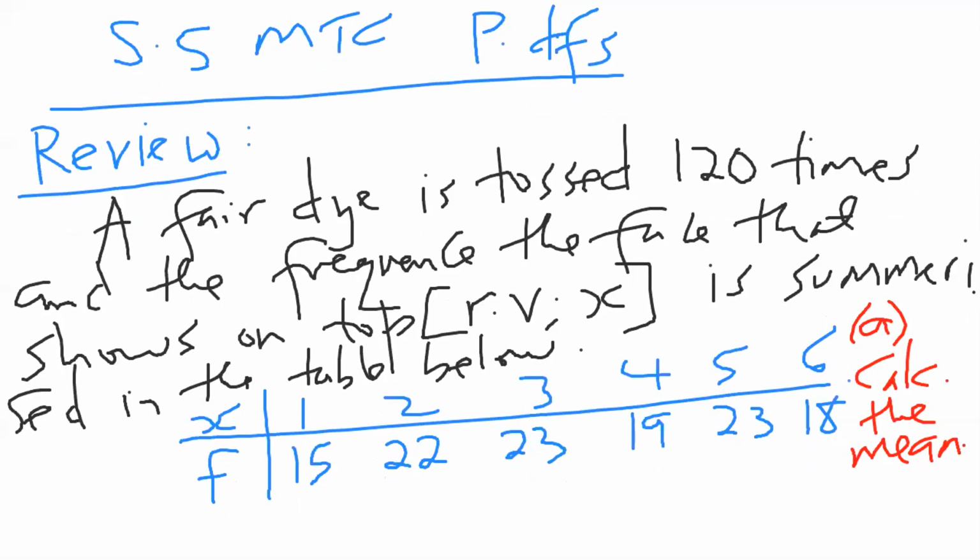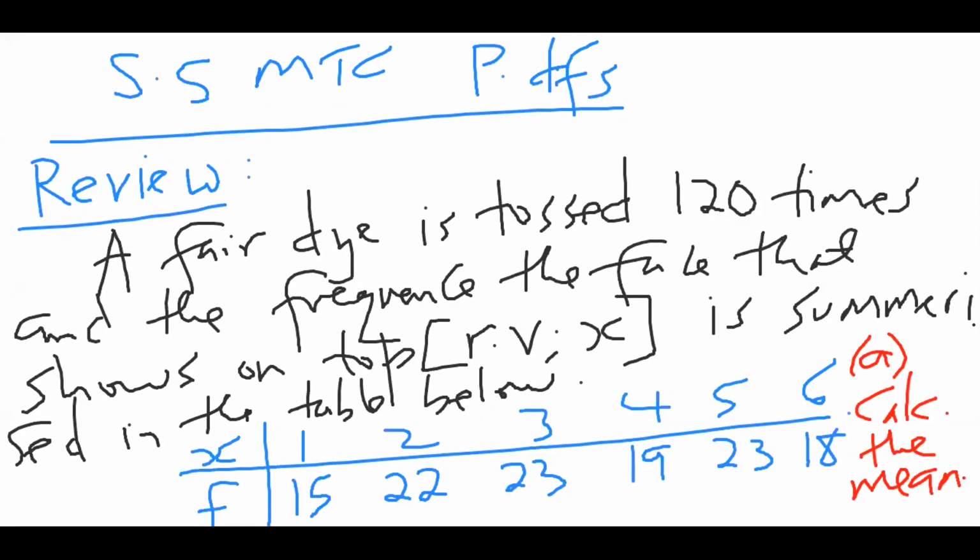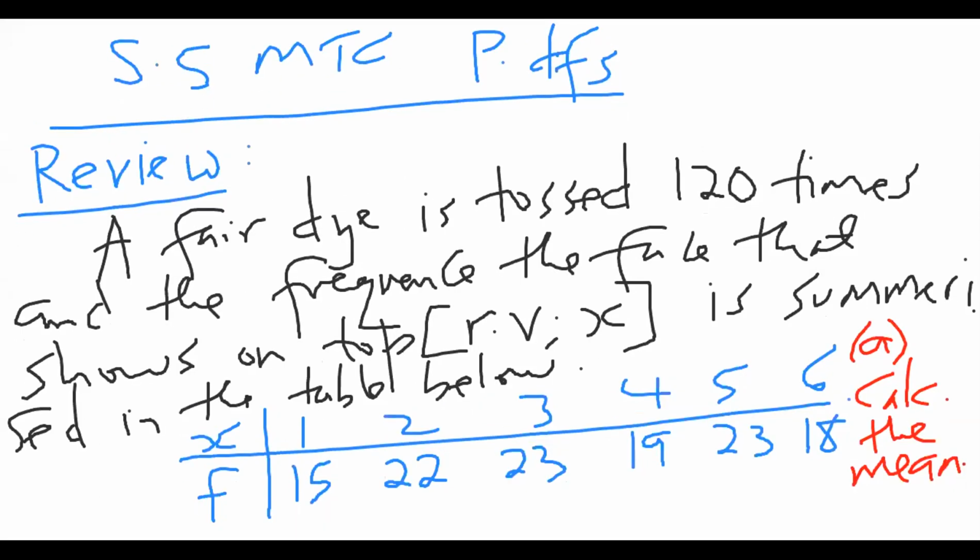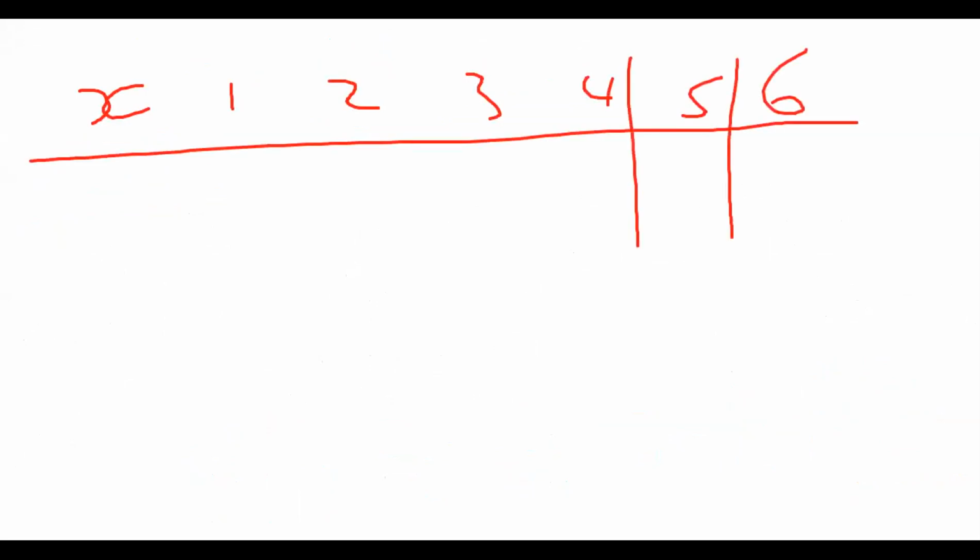We know very well that in the case you have a fair die, whose sides are labeled 1, 2, 3, 4, 5, and 6, that fair die has sides which have equal chances of being on top because it is fair.